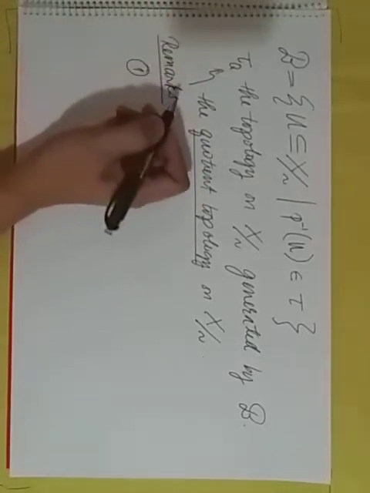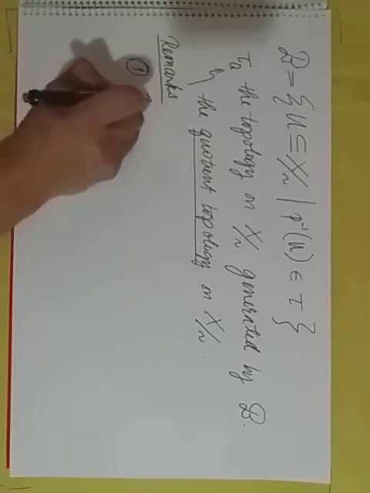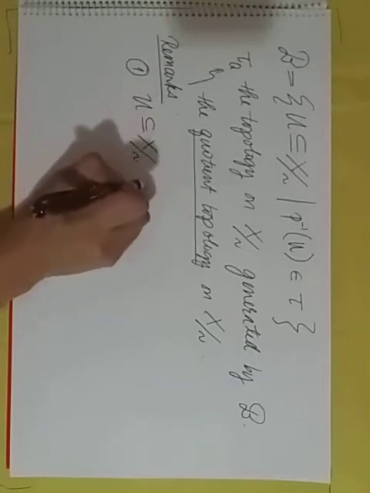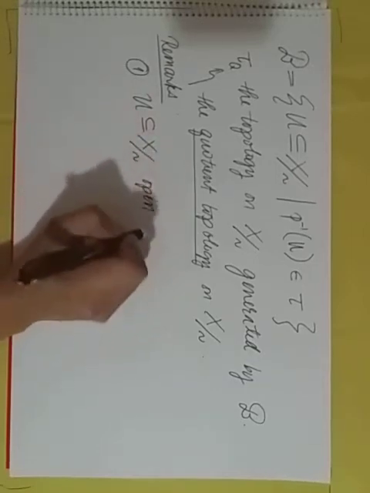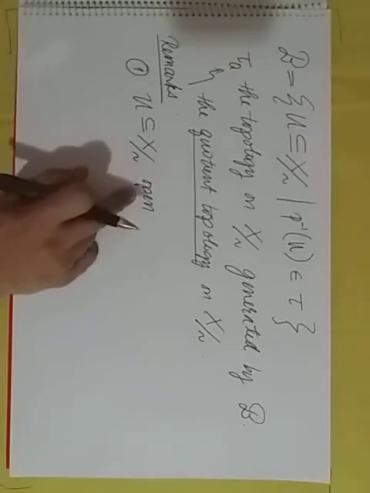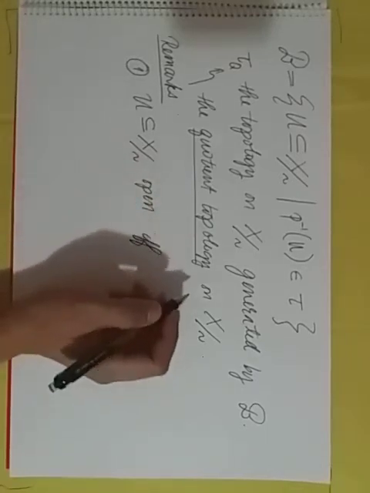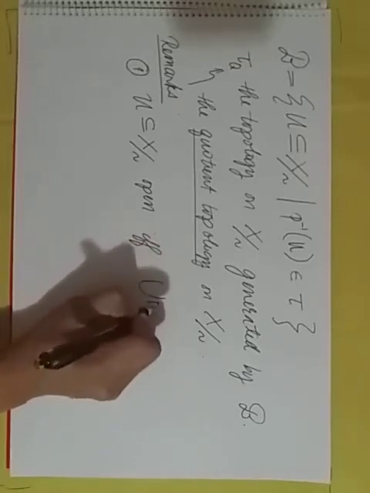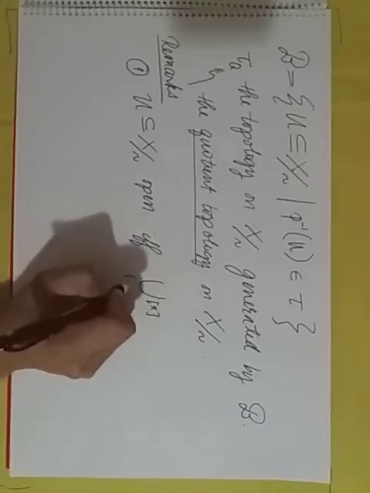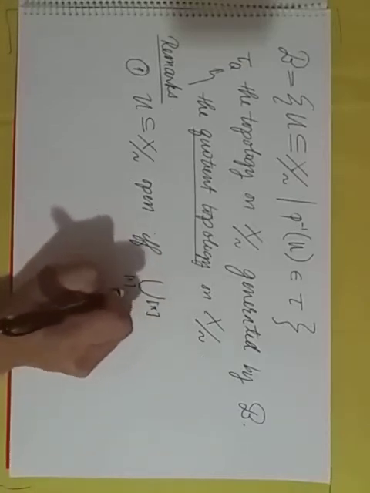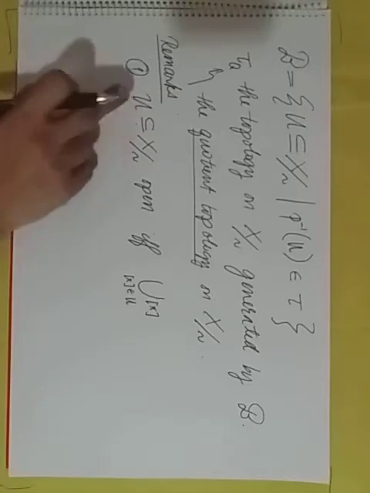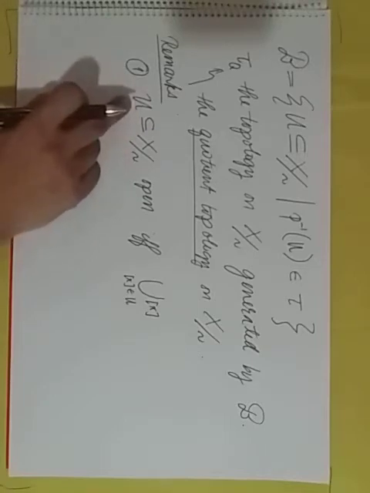First, the subset U of X mod tilde is open, of course, by open I mean open in the quotient topology, if and only if the union of the equivalence classes that are in U is open in X. Again, to remind you, U is a subset of X mod tilde, so it is a set containing some equivalence classes.